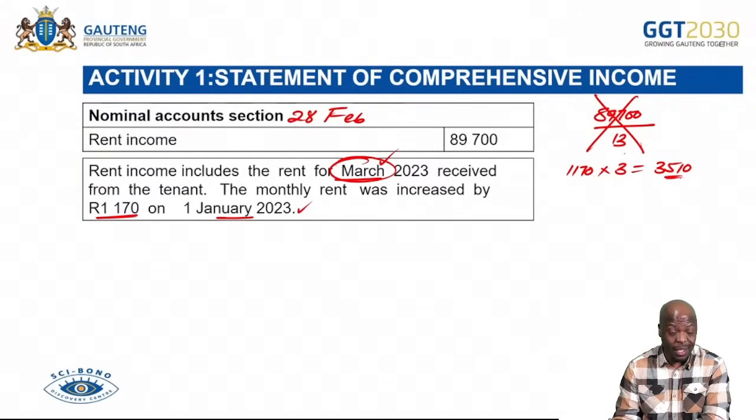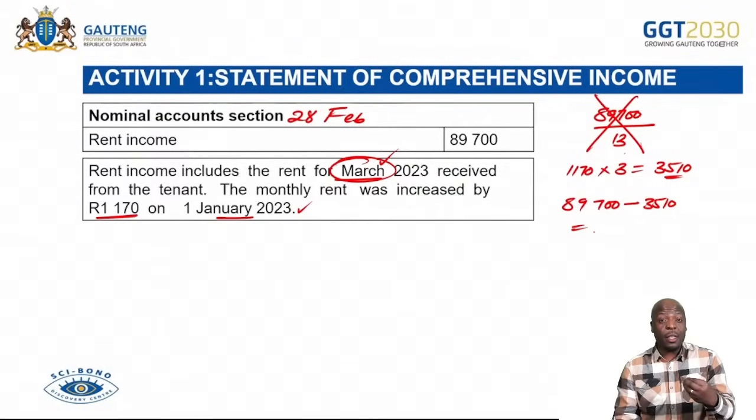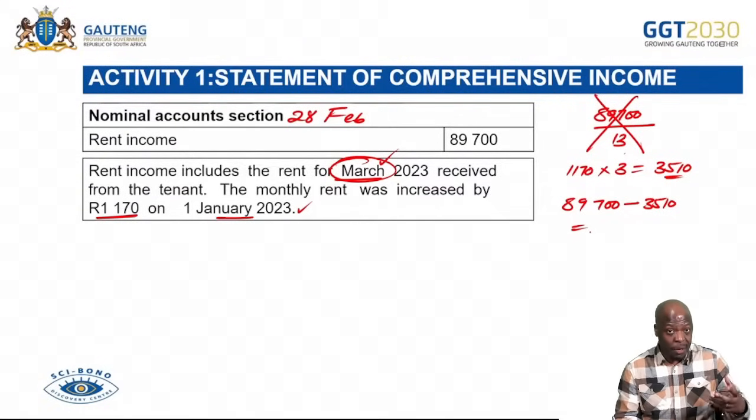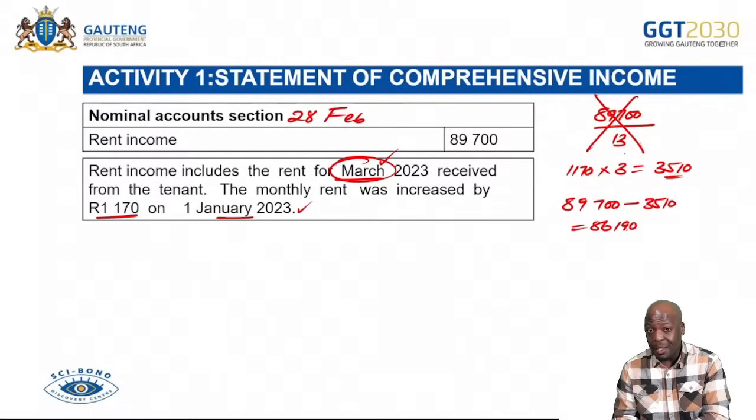3,510. What is that? That is the increase for the 3 months. That means if I take my 89,700, I take out this increase of 3,510. I'm going to remain with rent for the 13 months without increase. Give me the figure now. How much is that going to be? 86,190. So this is rent for the 13 months, but without increase.